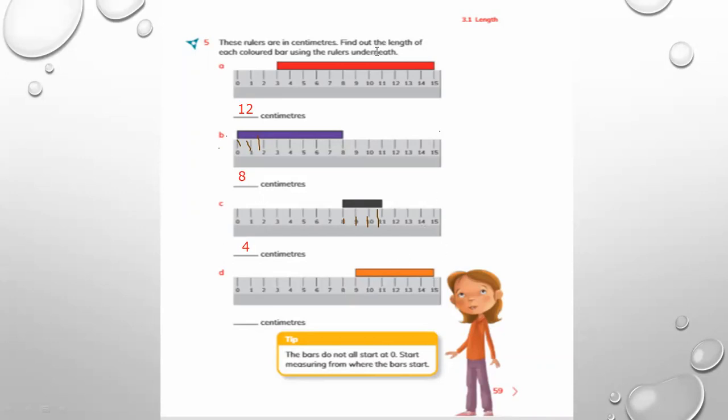So what we are going to do, we are going to count the numbers 1, 2, 3, 4, 5, 6. Sorry, first number we are not going to count. So we will say it is 6 centimeter long.